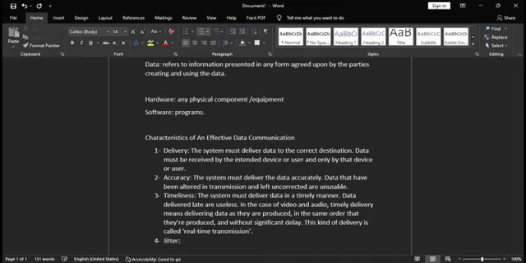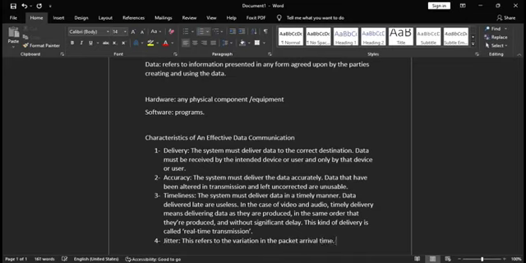Okay, jitter. Now this refers to the variation in the packet arrival time.